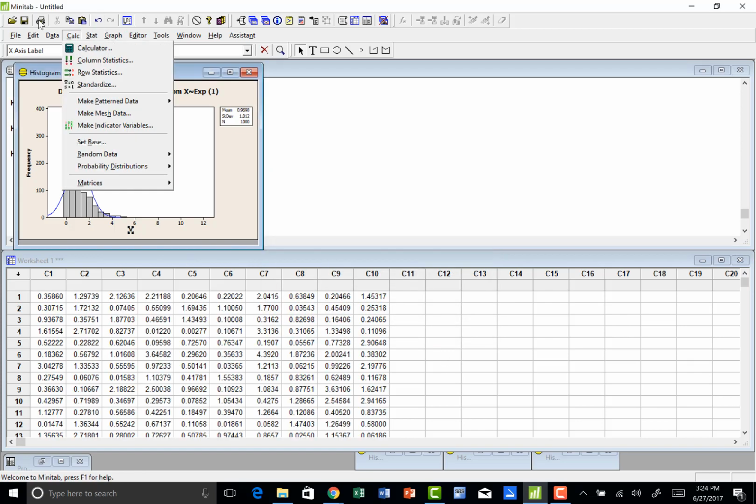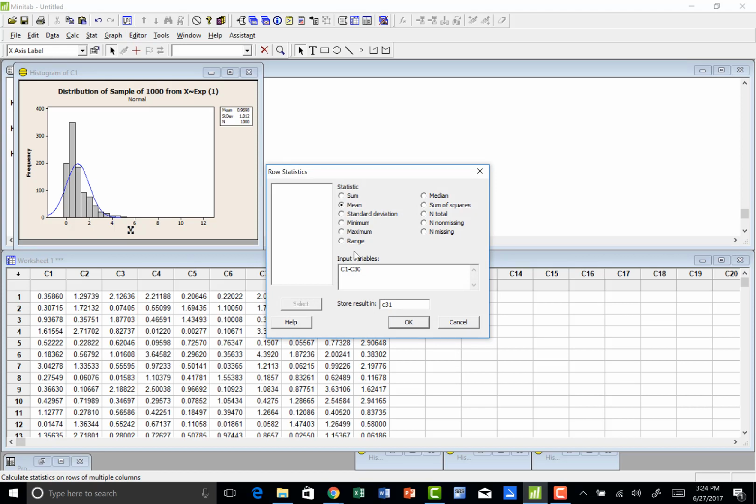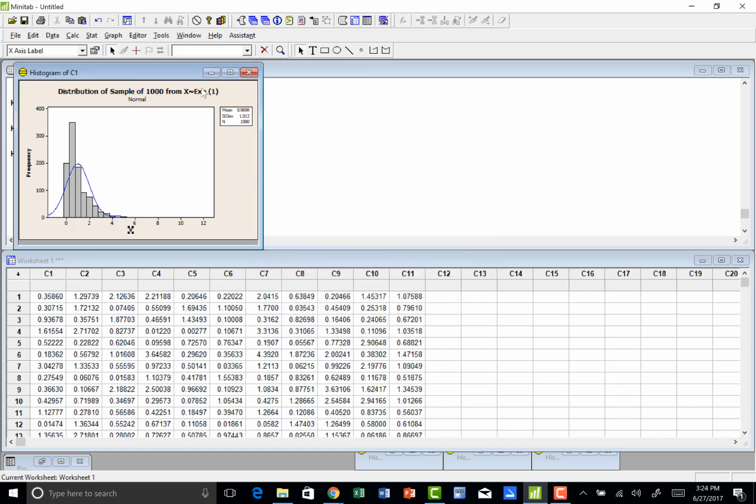And I'm going to do my row statistic, getting the mean, and store that in C11. And now I'm going to take a histogram of that sampling distribution for samples of size 10.